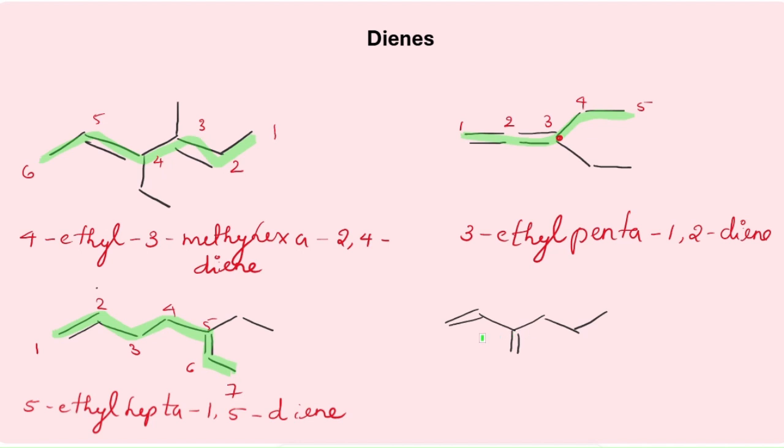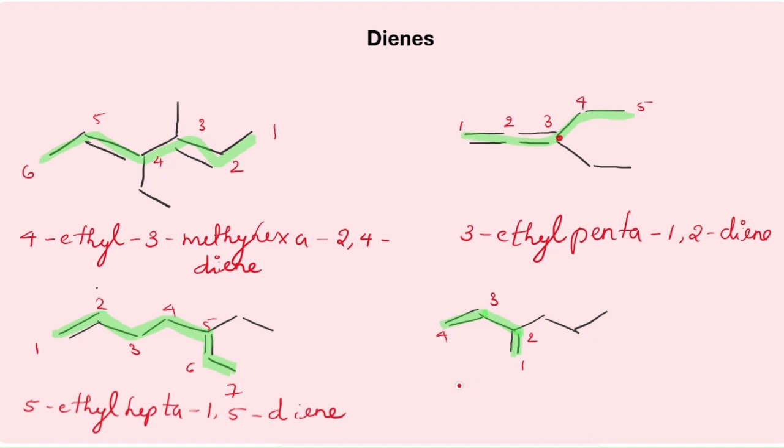This is interesting. See, the longest chain would be this one, right? It includes 1, 2, 3, 4, 5, 6, but it will not consider both the double bonds. So that is not correct. This is the correct way of taking the longest chain, including both the double bonds. And also the substituent should get the least possible number.